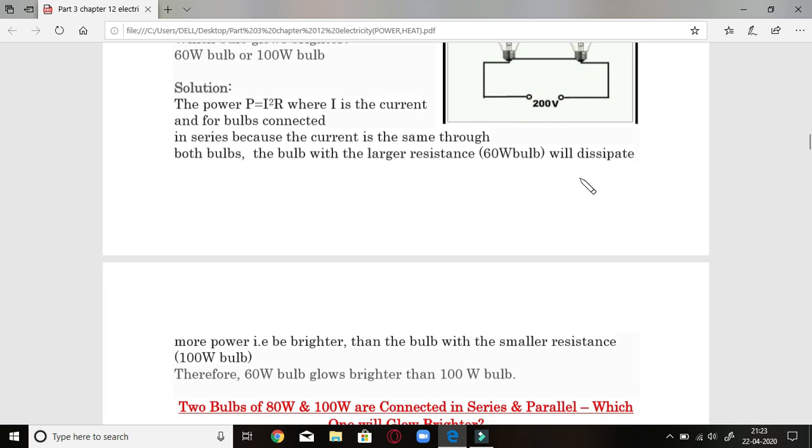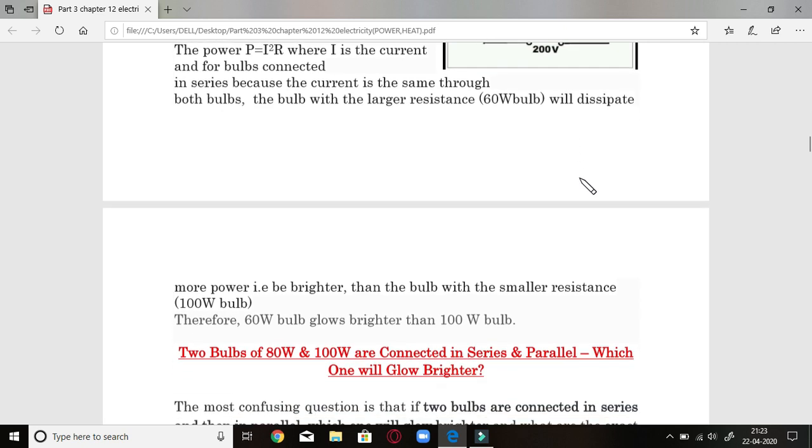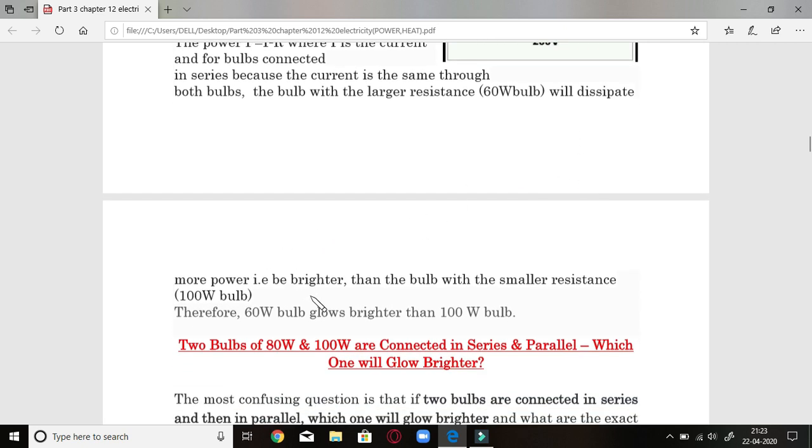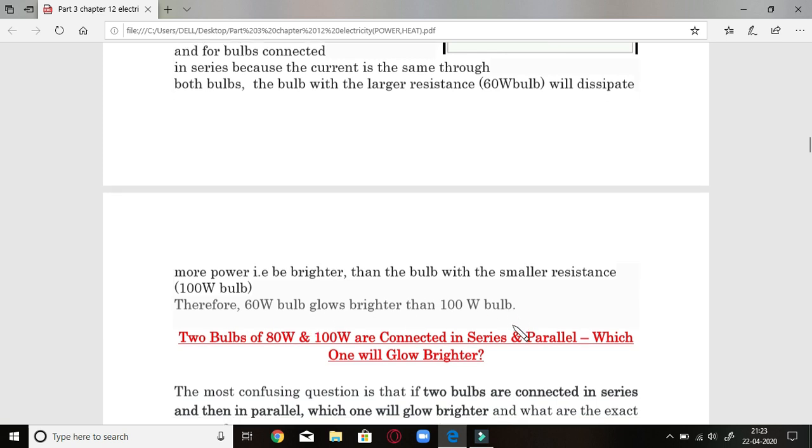It is made like that, and it is brighter than the bulb with the smaller resistance, that is the 100 watt bulb. They are built in such a form that the larger resistance will give more power. That's why the 60 watt bulb will glow brighter than the 100 watt bulb.